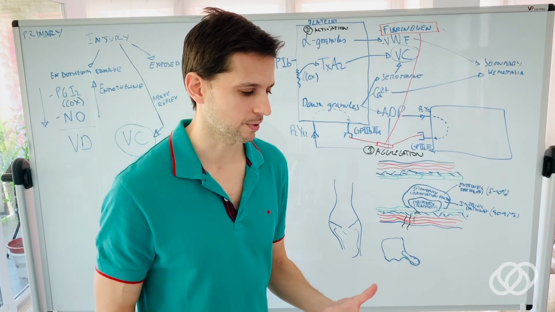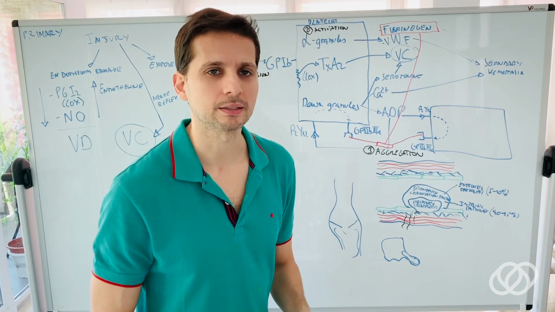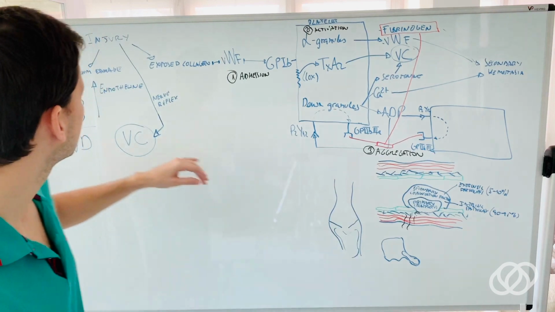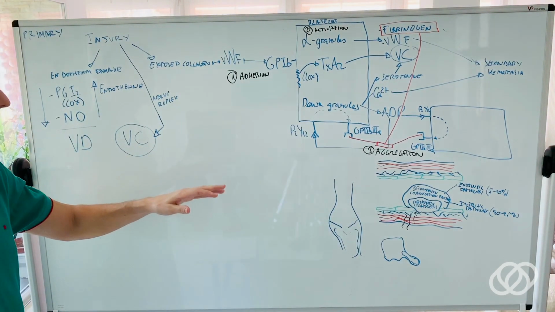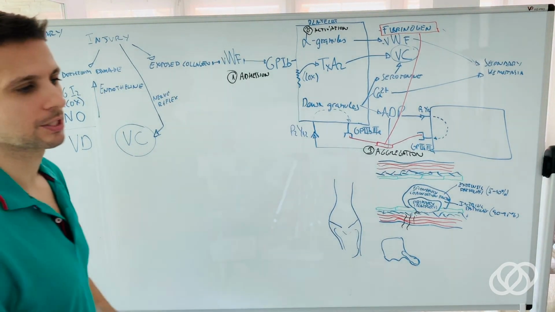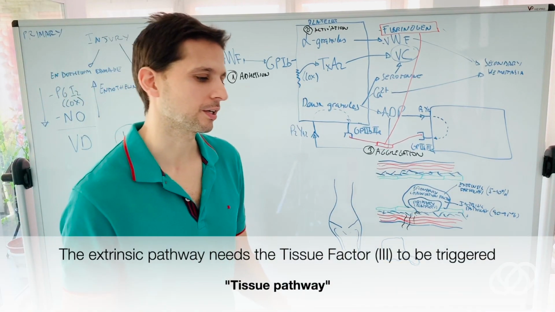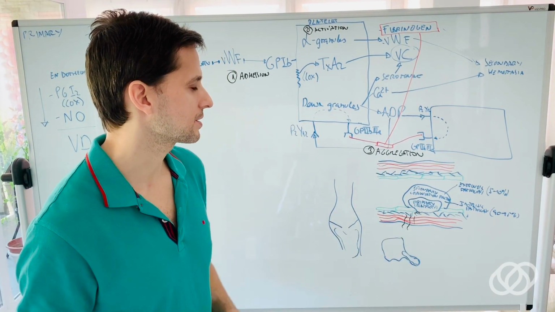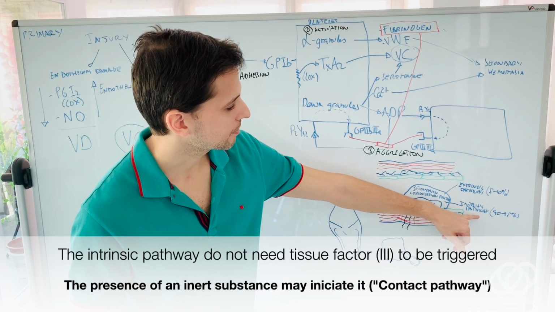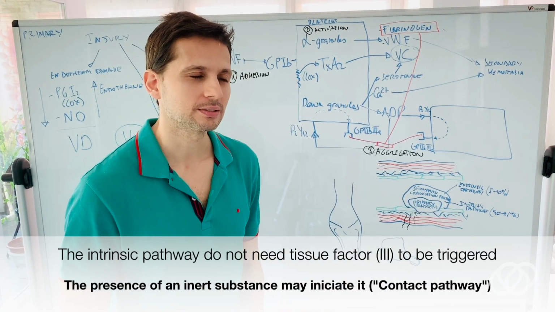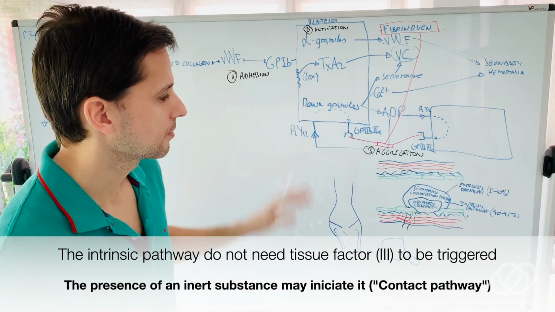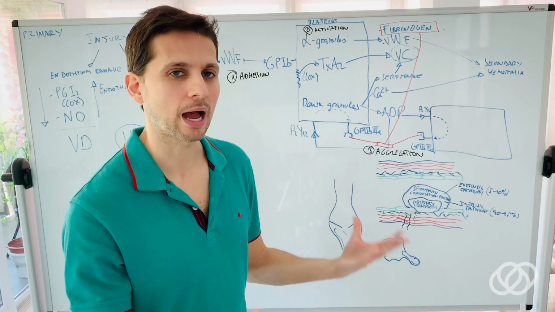When research started, they showed that the extrinsic pathway was one pathway that we can trigger by what is called the tissue factor, an organic substance that is in the vessels, and the intrinsic pathway does not need this tissue factor to start. But as we will see, both are involved.